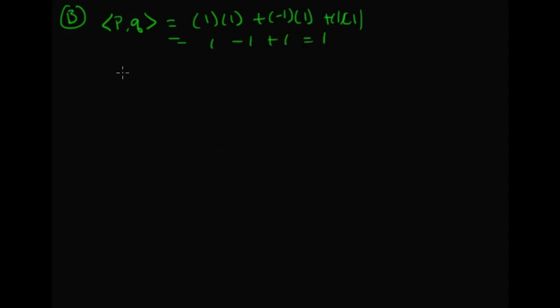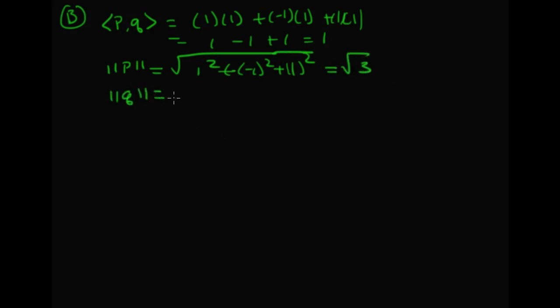All right, so we have to go a little bit further here. We need the norm of P, which is going to be the square root of 1 squared plus negative 1 squared plus 1 squared, which is the square root of 3. We need the norm of Q, which is 1 squared plus 1 squared plus 1 squared, which is also the square root of 3.